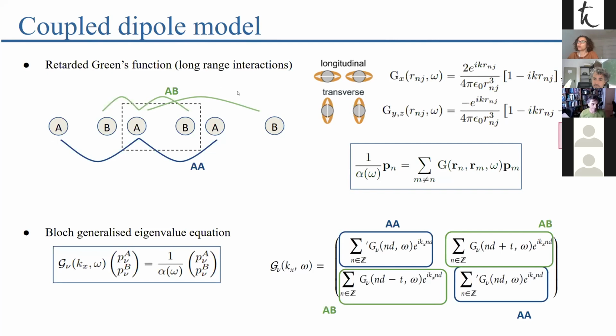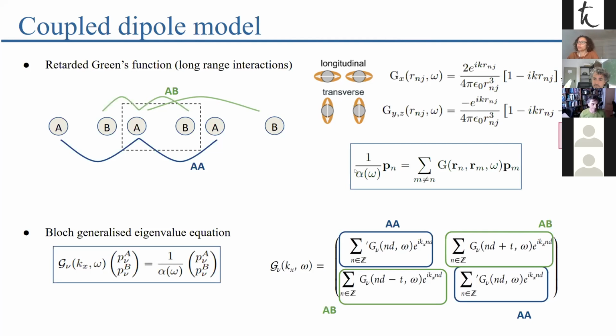This includes all the modes, so there are longitudinal modes and transverse modes, whose polarizations are along and transverse to the chain respectively. And one thing to note is that these transverse modes have terms that are very slowly decaying. They decay as 1/r, whereas in a quasi-static approximation, the modes decay as 1/r cubed.